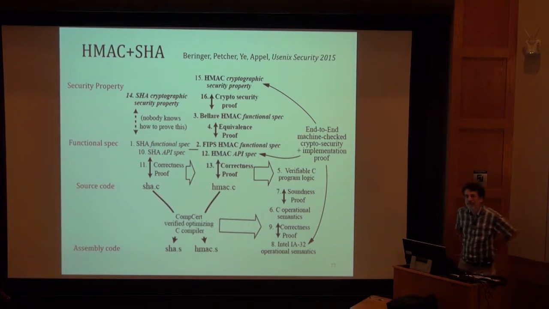Do people in the cryptography community believe in proofs? I'll phrase it a different way. Are people in that community willing to accept papers to good conferences about this stuff? And the answer is yes.